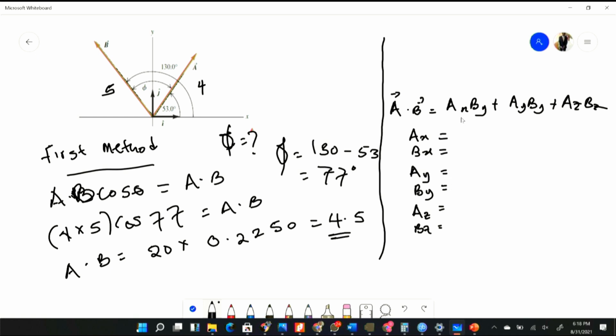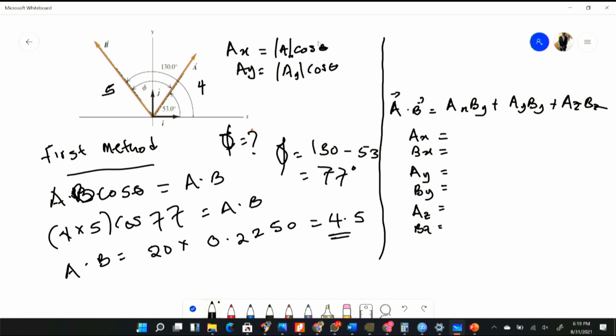So what is my AX? My AX is defined as the magnitude of my A times cos of the angle, and my AY is going to be the magnitude of my A times the angle.